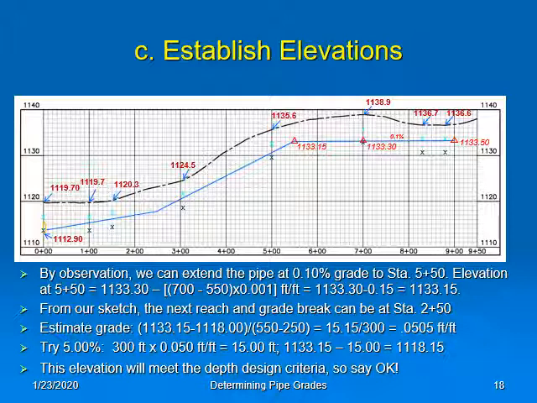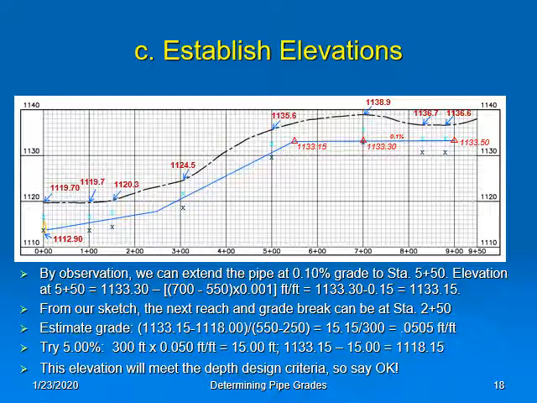From our sketch, the next reach and grade change can be at station 2 plus 50. And you'll notice I'm trying to get our stationing at even hundreds or even 50 stations. Okay, we can estimate the grade here, starting at station 5 plus 50 at 1133.15, looking at 2 plus 50, we're at about 1118.00.